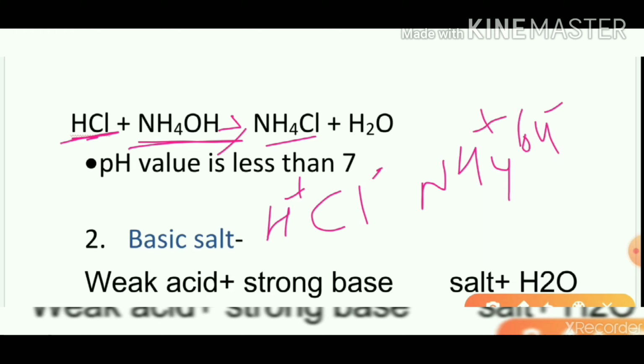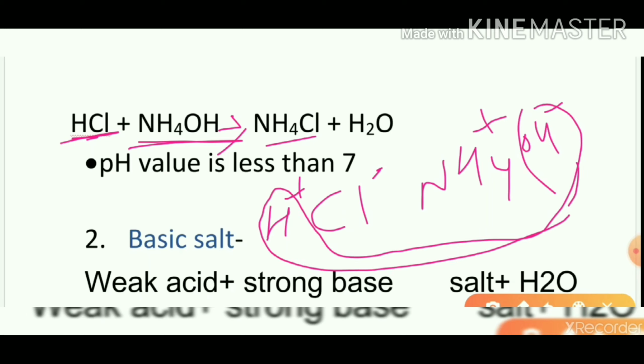So we will take this H plus with OH. Now what water forms? H2O is formed. Now what is left? NH4 and Cl minus. We'll write the positive part first and the negative part after the positive part.